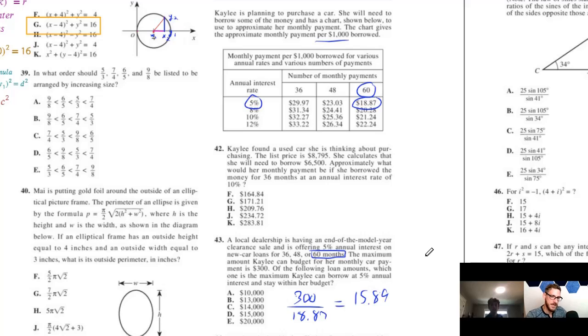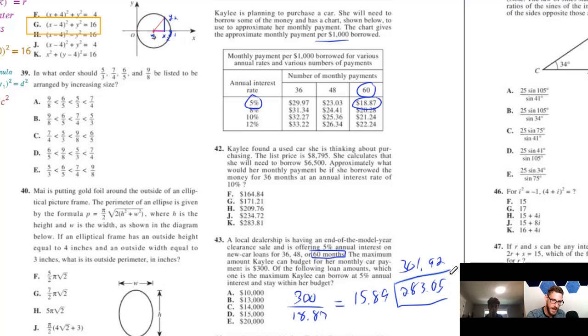So at 16 times, if we are paying $18.87 16 times, 1887 times 16, that is 301.92, which is just a bit over budget. And if we do 1887 15 times, then we get 283, so that's below our budget.